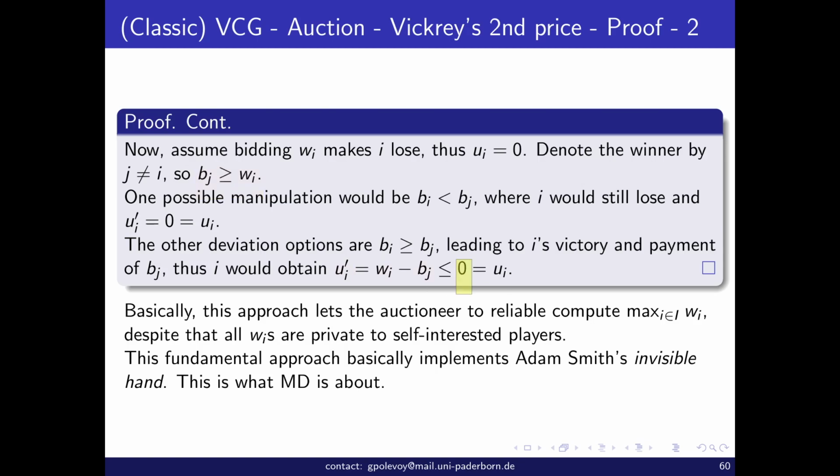Well, she has won, but it doesn't really make her happy, not happier than what she used to be. Maybe even less happy. If she needed to pay something strictly larger than her value, now she pays strictly more than she gets. That's something which is negative, but definitely non-positive. So it's not better than what she used to get. So no deviation can improve what I obtains.